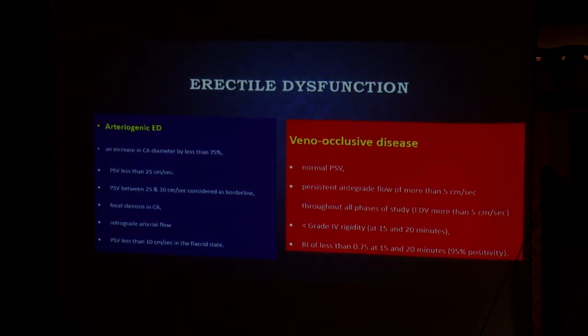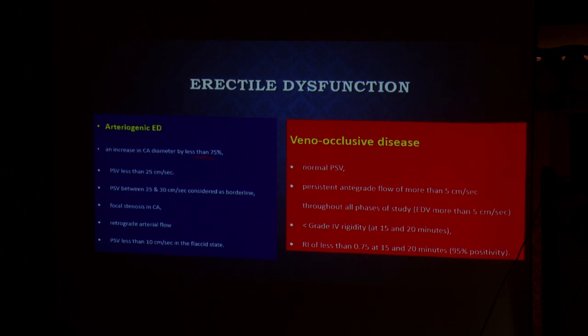The points in favor of arteriogenic erectile dysfunction are: if the increase in cavernosal artery diameter is less than 75%, it is suggestive of arteriogenic erectile dysfunction. If the PSV is less than 25 centimeter per second, it is suggestive of arteriogenic erectile dysfunction. If you are able to see some focal stenosis, then it is also suggestive.